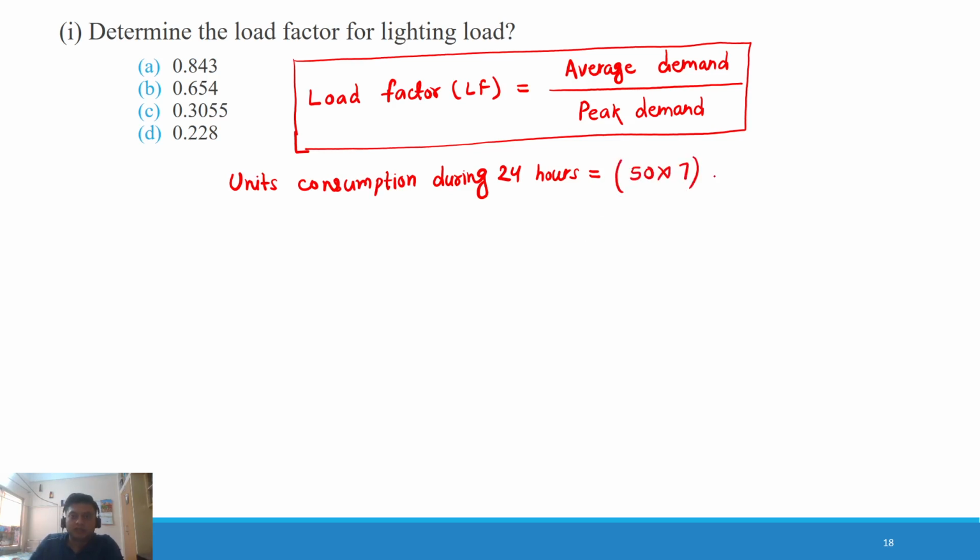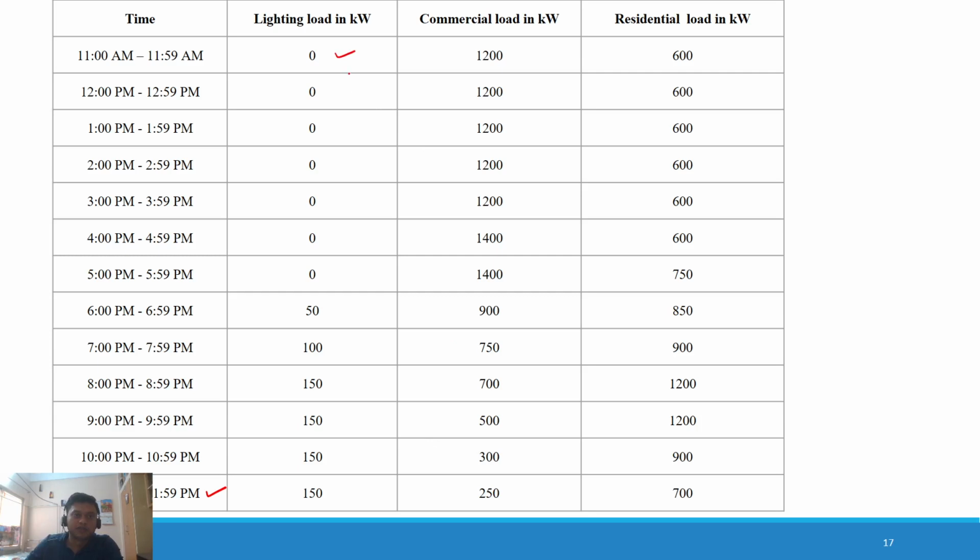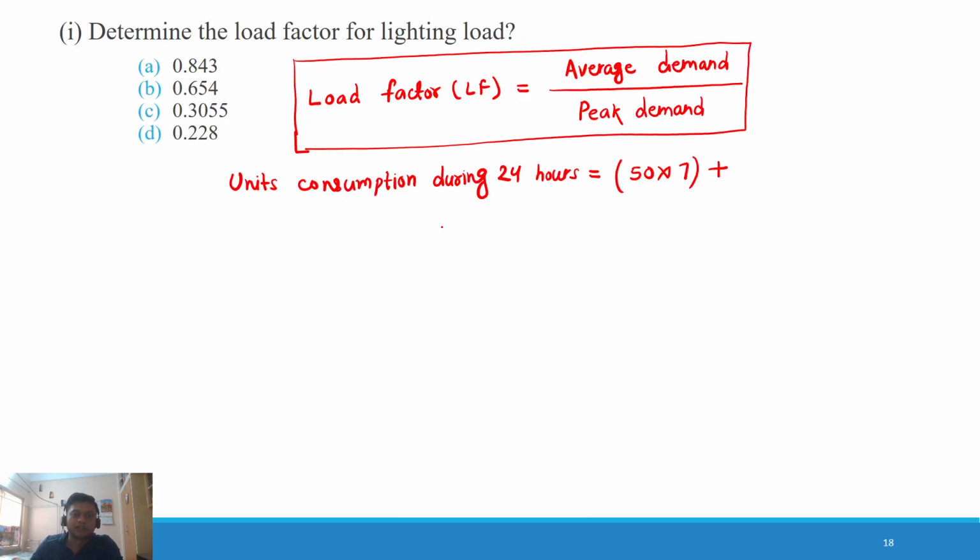So 50 into 7 will give 350 kilowatt. And for the next, 0 kilowatt, how many times? 1, 2, 3, 4, 5, 6, 7, 8, 9, 10, 11. The demand is 0 kilowatt for 11 hours.